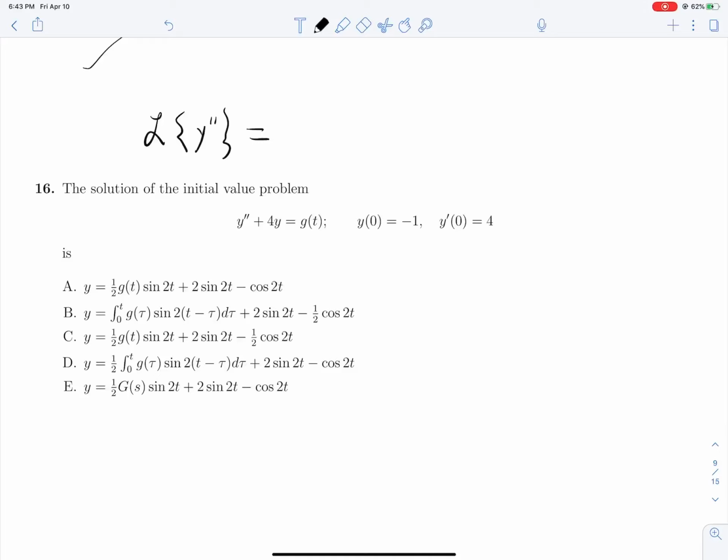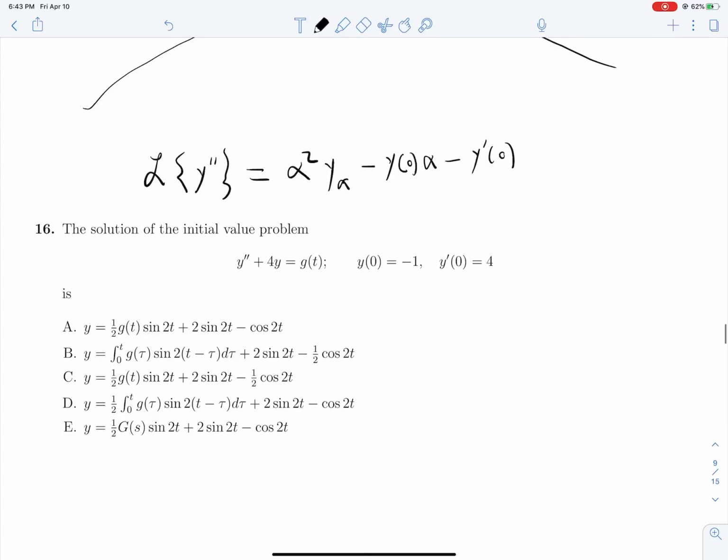So we have alpha squared y of alpha minus y of 0 alpha minus y prime of 0.